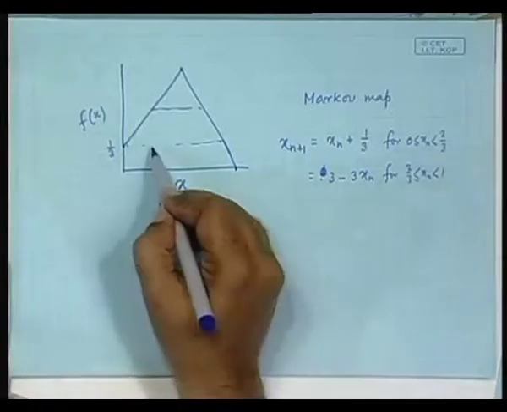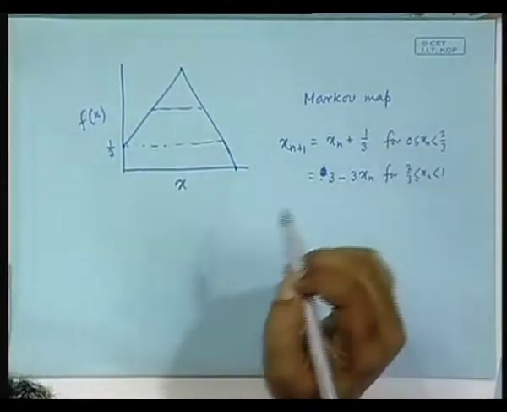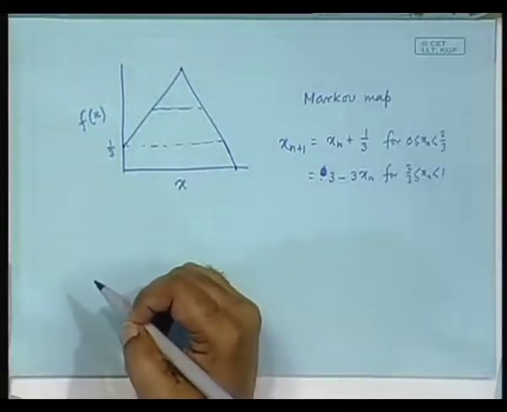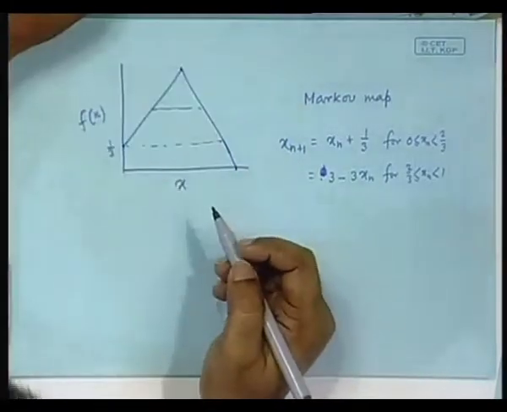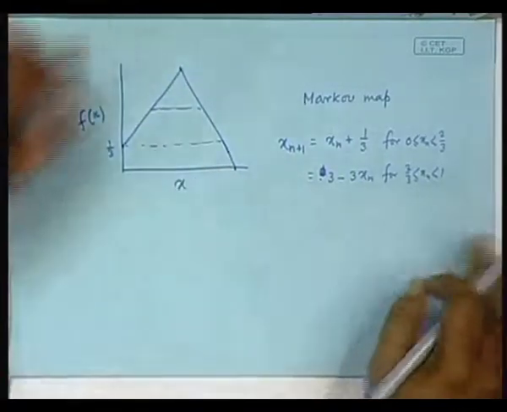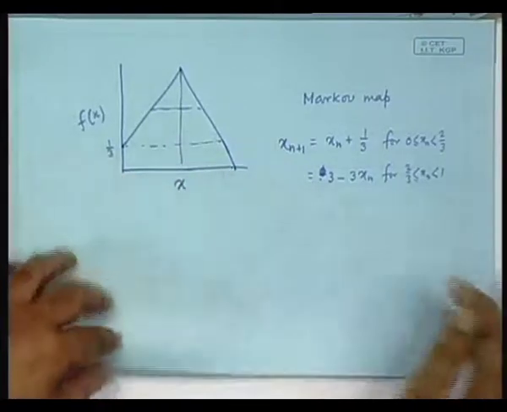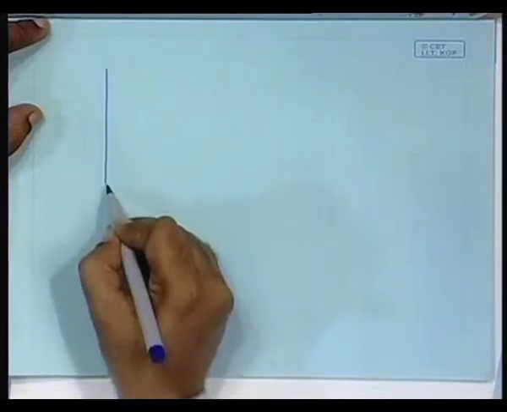Now, let us try to tackle this problem. In order to tackle this problem properly, actually I need to draw it correctly, because this should be 2/3 and this should be 1/3. So, let me draw it correctly, then it will be easier for you to appreciate what I am talking about.